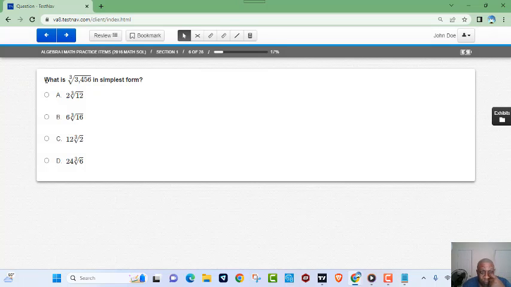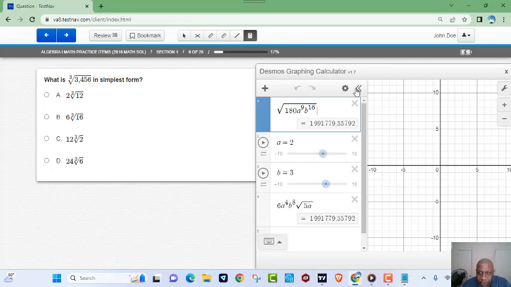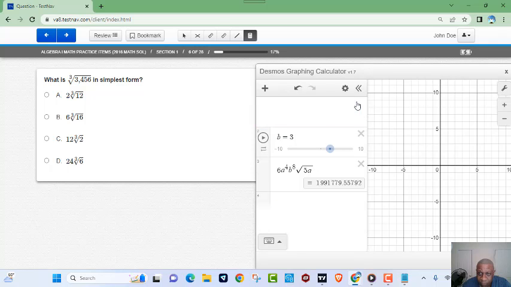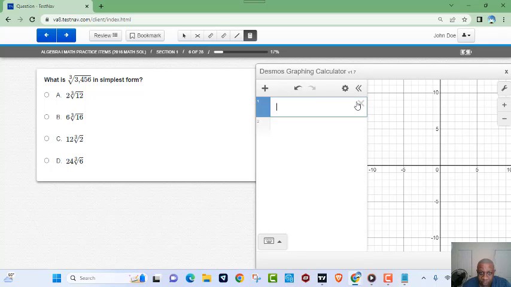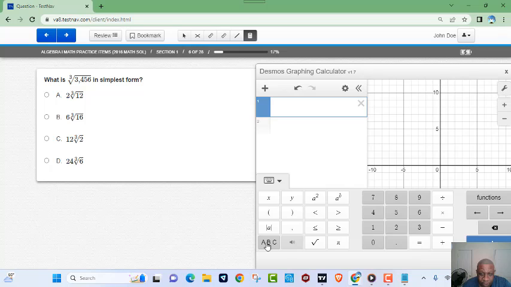Okay, what is the cube root of 3,456 in the simplest form? Okay, again, let us use Desmos here. We'll erase this previous information. So we want the cube root of 3,456.